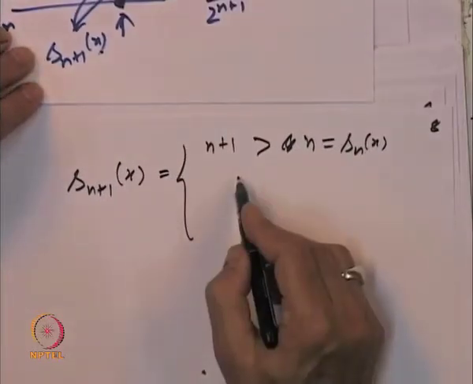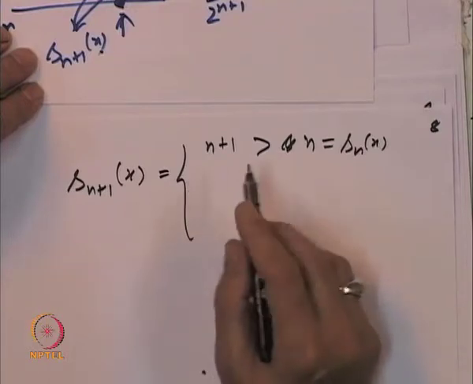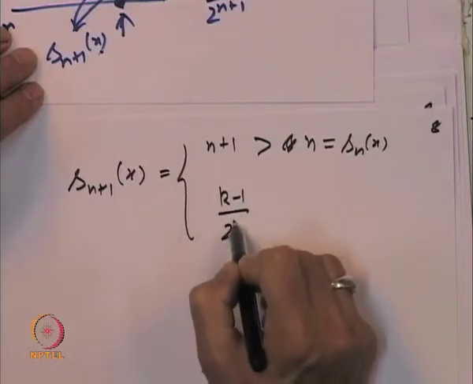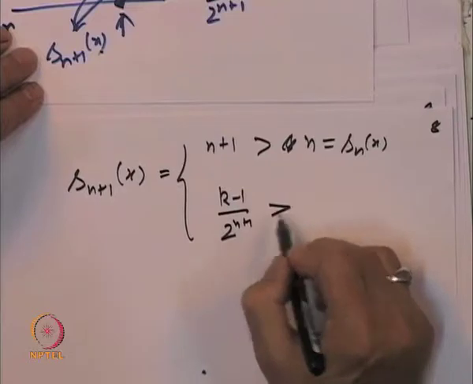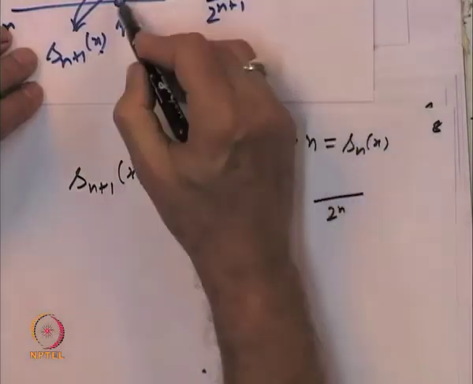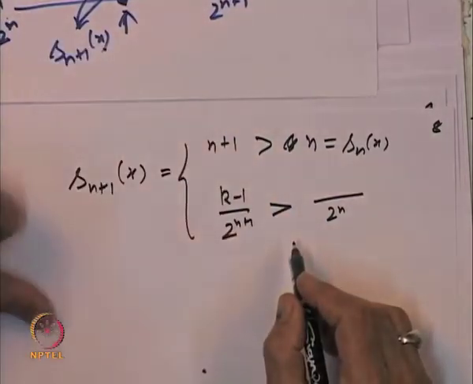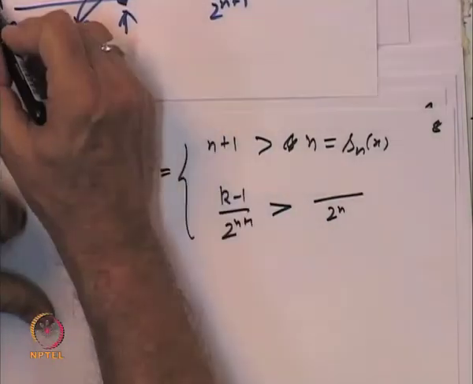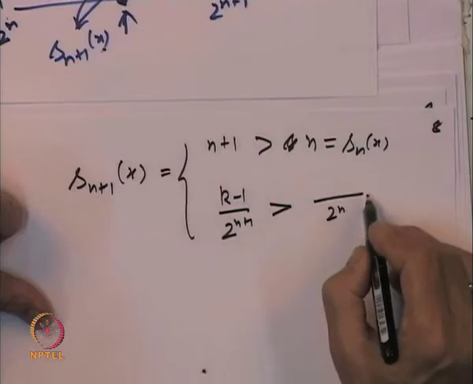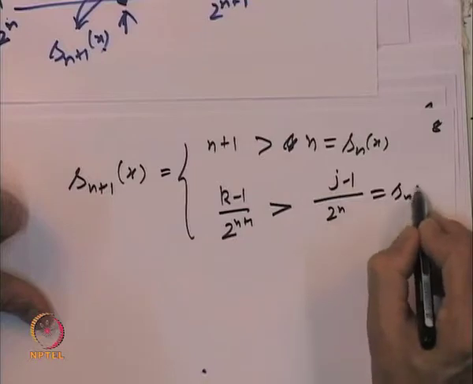If not, if it is below, and it is in one of those intervals, then the value is going to be some k minus 1 over 2 to the power n plus 1, which is always going to be greater than or equal to the lower value here. It is difficult to write those symbols. So, that lower value, this k minus 1 over 2 to the power n plus 1, is greater than or equal to j minus 1 over 2 to the power n for some j, which will be equal to S n of x.